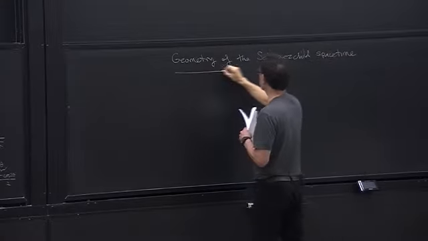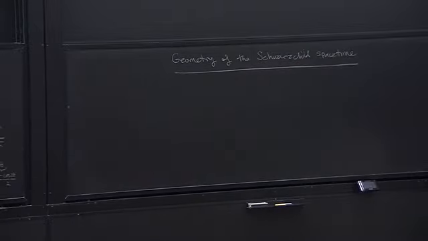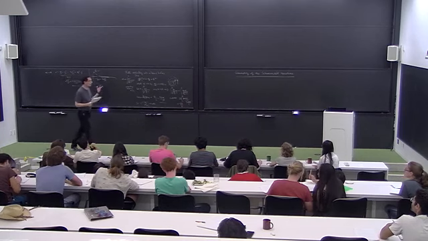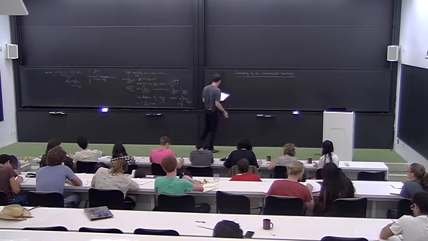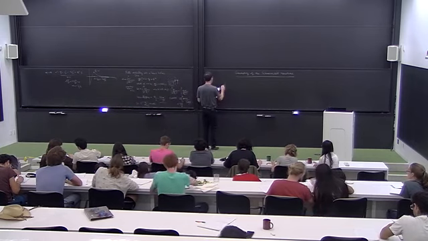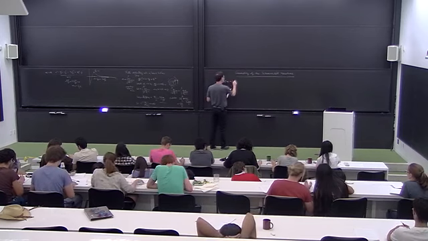And we'll see things get really very interesting when we try to make sense of the geometry for radii less than the Schwarzschild radius. So to remind you, the line element is this.